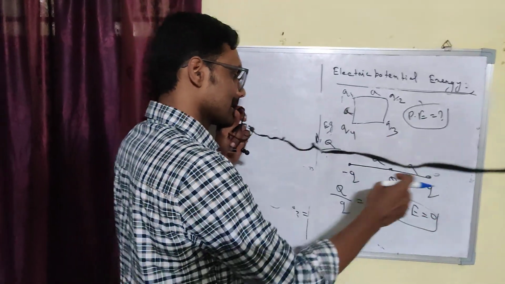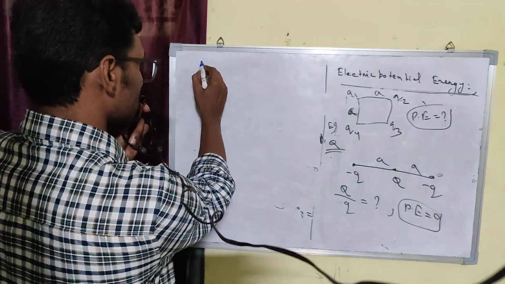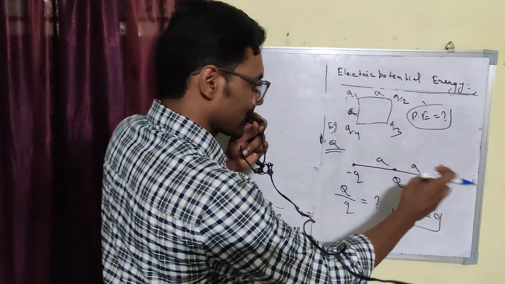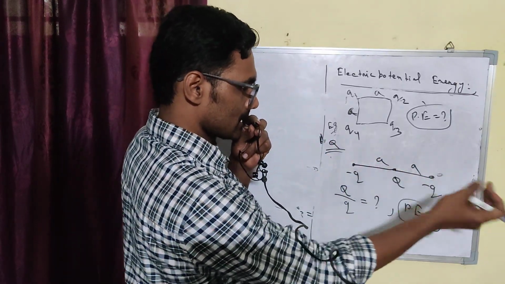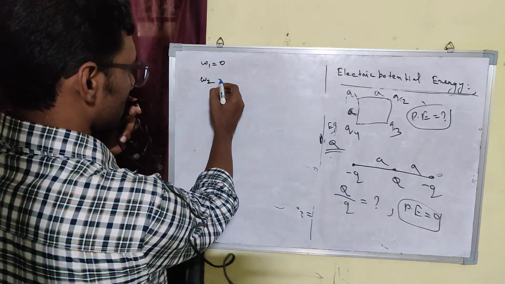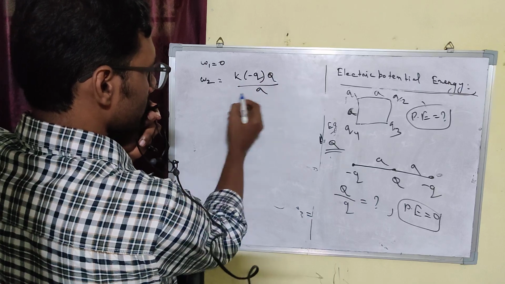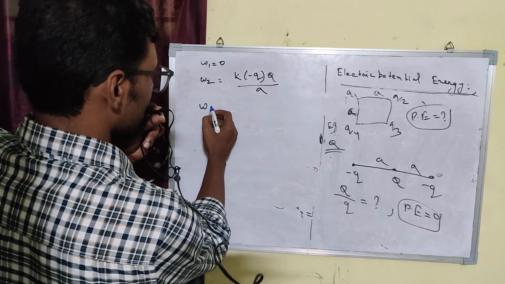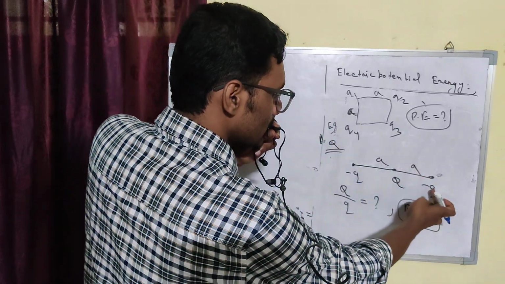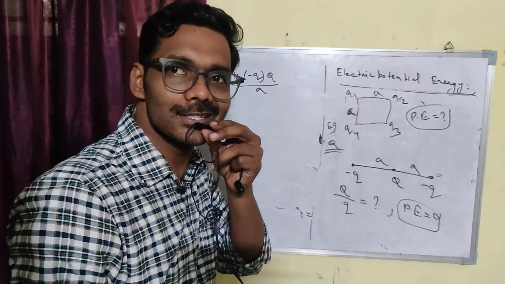If I am taking this minus Q charge from infinite to this point, so work done will be 0. Okay, if I am taking this Q charge here a distance, so work done will be K Q1 Q2 by A. When I am taking that minus Q charge, work done will be this first dog will influence and second dog also will influence, right?